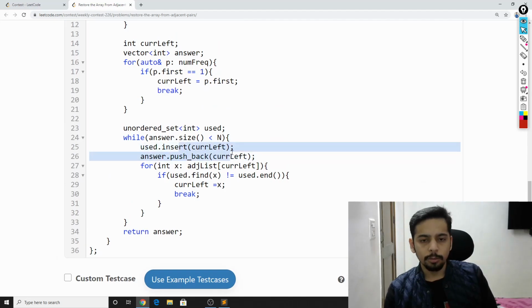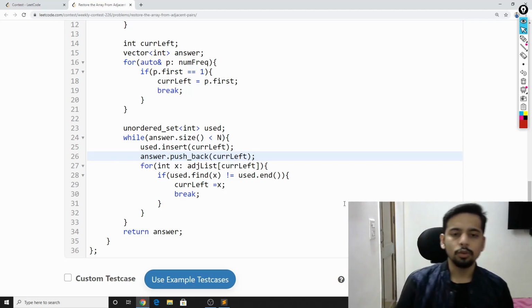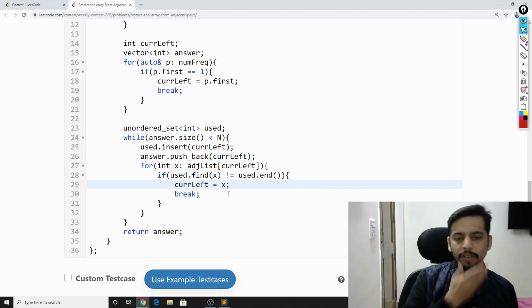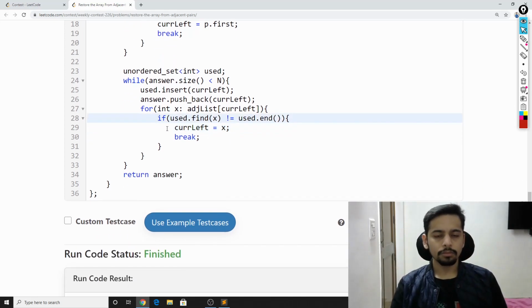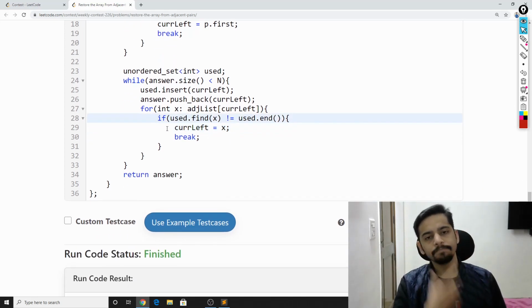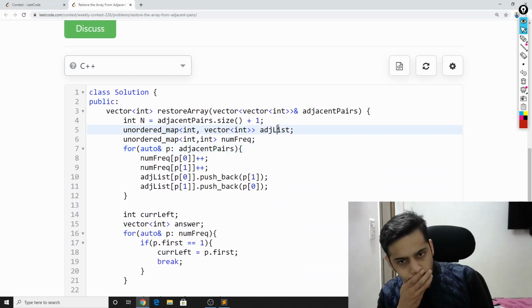Use dot insert, answer dot push back curl left. Now for every integer x that belongs to adj list of 1, you will say if use dot find at x is not equal to use at end, then you update curl left equal to x. Maybe there's some mistake in adj list.